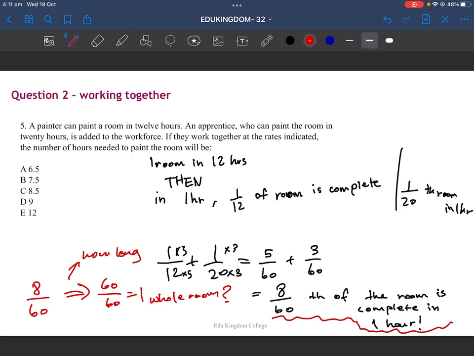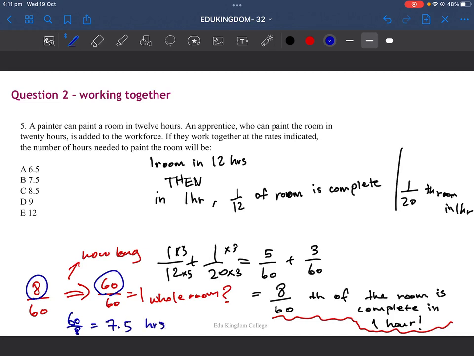Well, now we just need to find out how much 8/60 is less than 60. Or in other words, how big 60 is in comparison to 8. Because, can you guys see how only the numerators are different? We only need to focus on numerators. So how many times is 60 bigger than 8? Let's do it. 60/8 is, actually, if you do it, 7.5 hours.